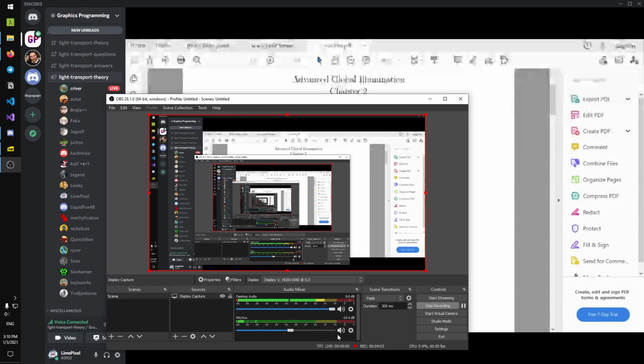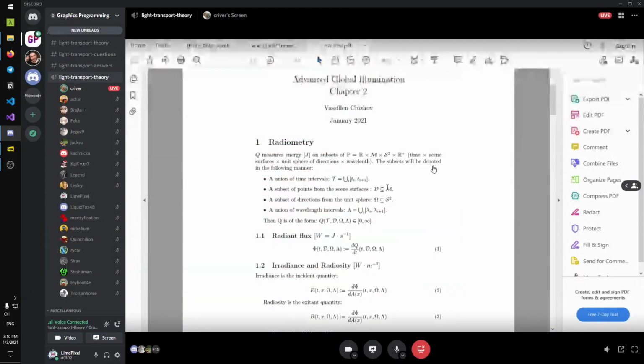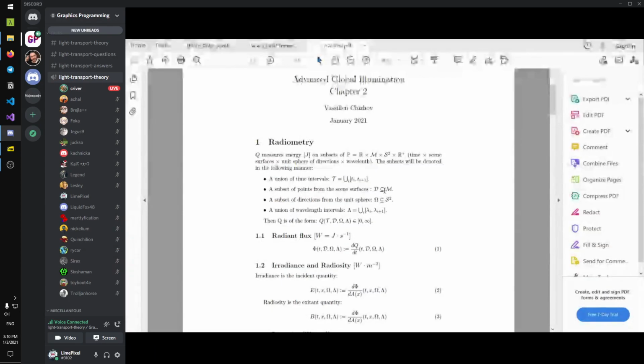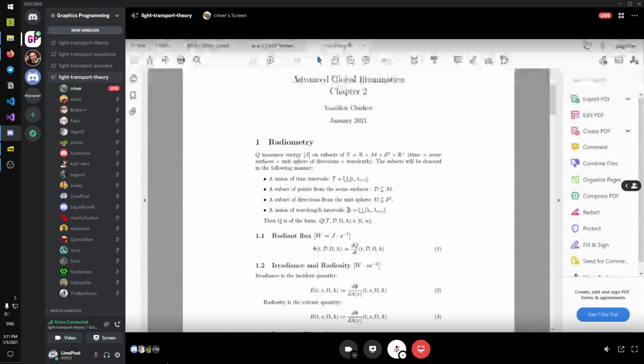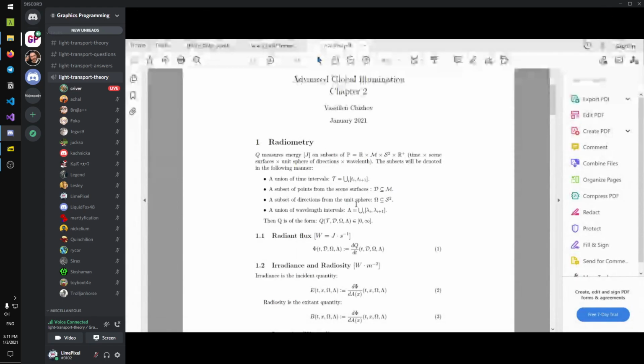That detector has some surface area, so the set of surface points would be M here, and you can pick a subset where you want to measure, so D. You have some interval of time in which you can measure, that would be the set t. You have some set of directions that you want to consider. Usually that will be the whole sphere, but you can measure photons coming only from specific directions. And finally, you have an interval of wavelengths that you want to consider, that would be lambda.